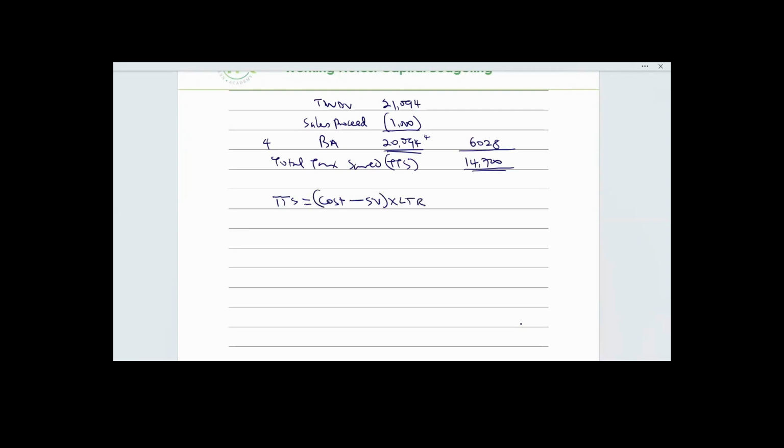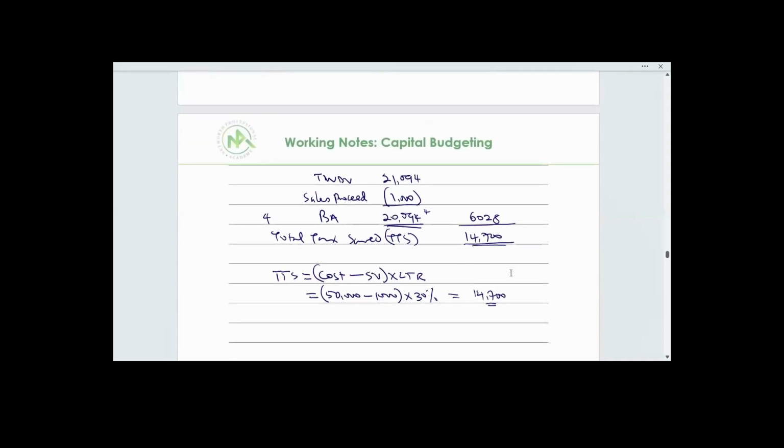So that must give me the same answer. Here is 50,000 minus 1,000 multiplied by 30%. This should give me the same thing as 14,700. If not, I need to go and adjust the numbers to make up 14,700. Please, Sam, confirm if this 14,700 is correct.